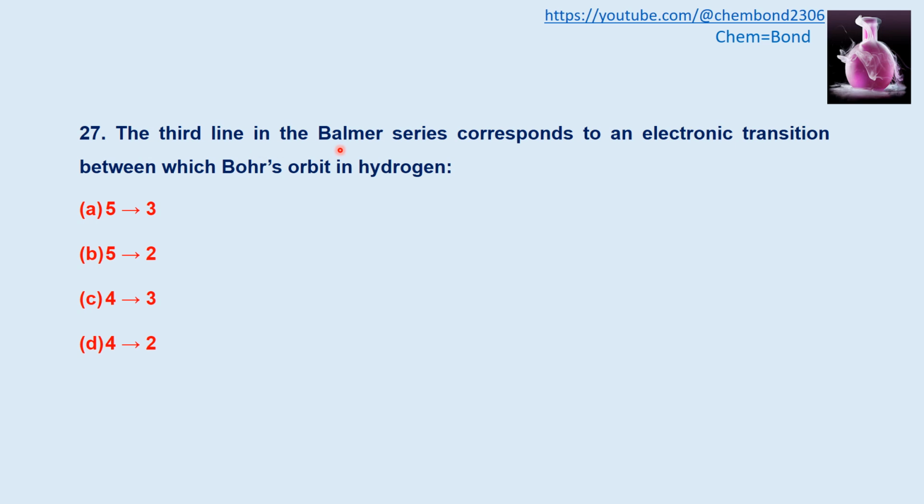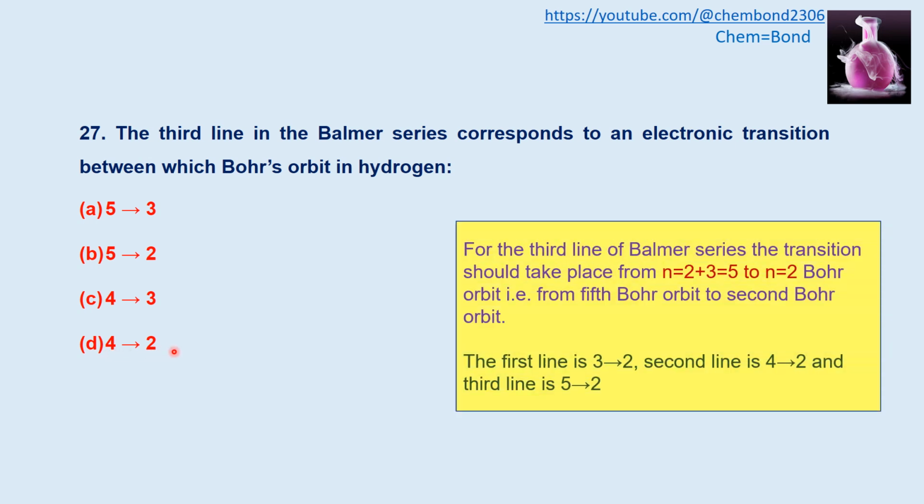The third line in the Balmer series corresponds to the electronic transition between which Bohr orbits in hydrogen: from fifth to third, from fifth to second, from fourth to third, or from fourth to second. For the third line of the Balmer series, the transition should take place as follows. We know that in the Balmer series, the lowest energy level is 2.